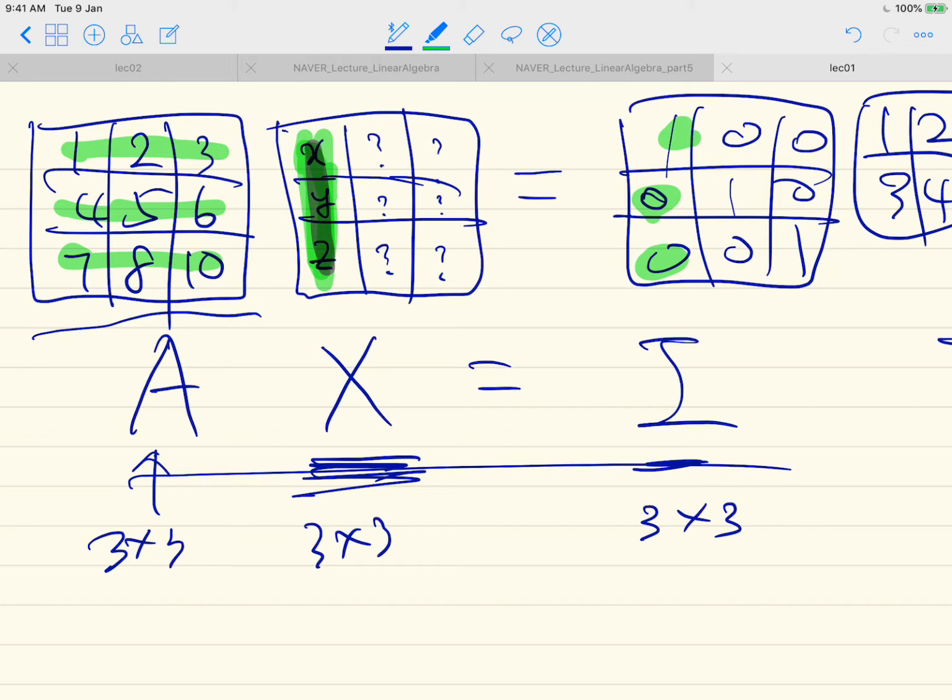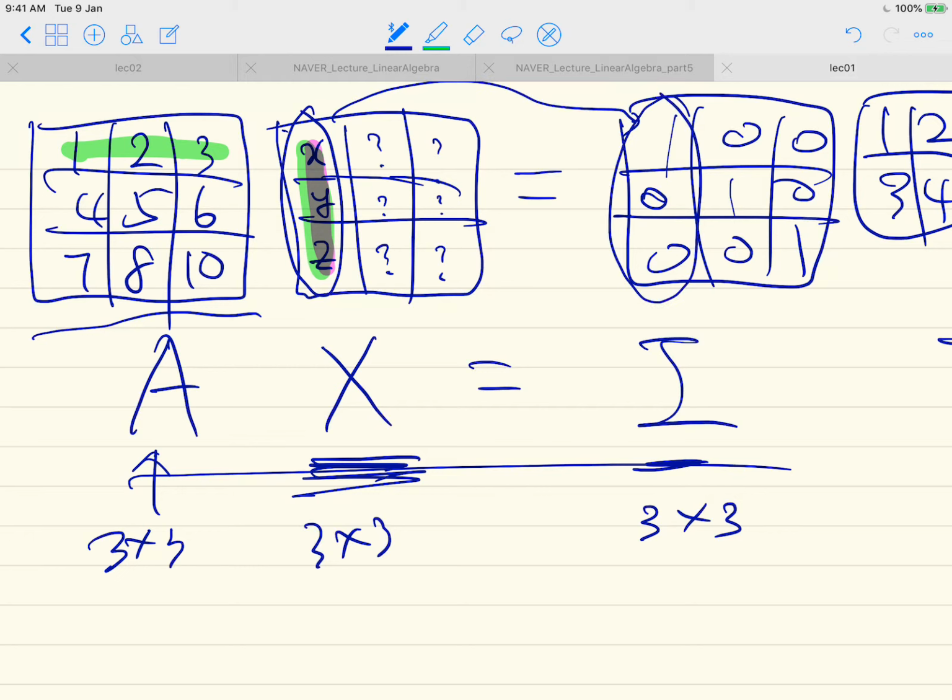The point is that these variables in the first column will only be related to the first column on the right-hand side, right?